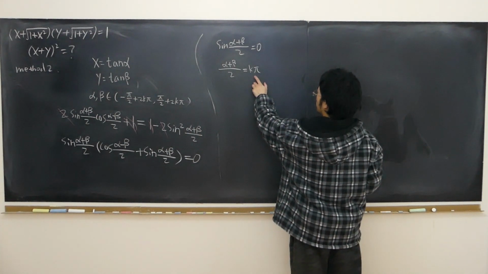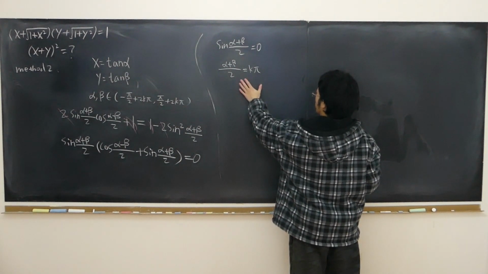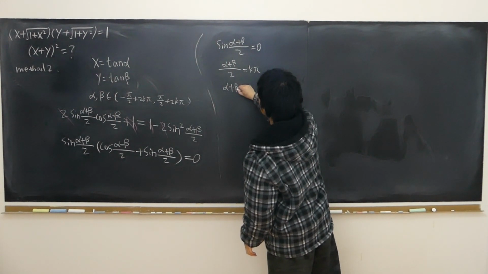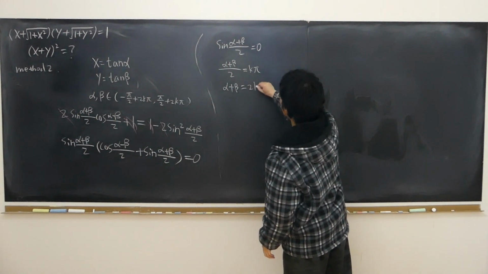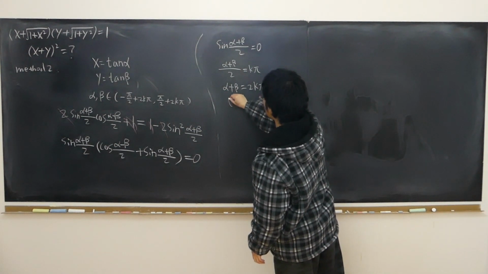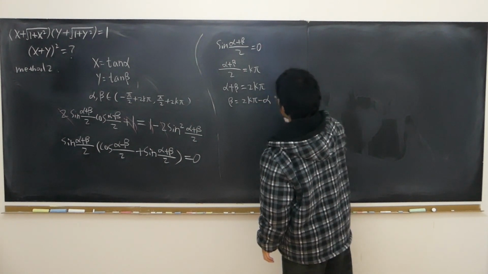So this is more rigorous, right? k is any positive or negative or 0 integer. So alpha plus beta is now 2k pi, and of course, beta can be written as 2k pi minus alpha.